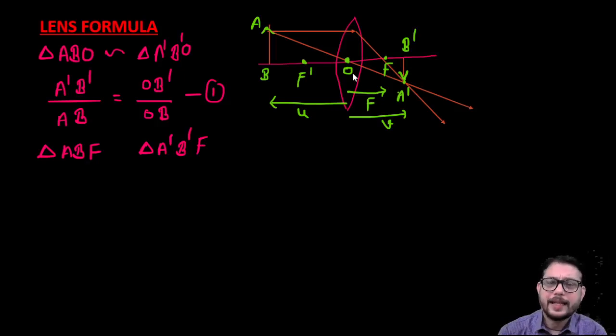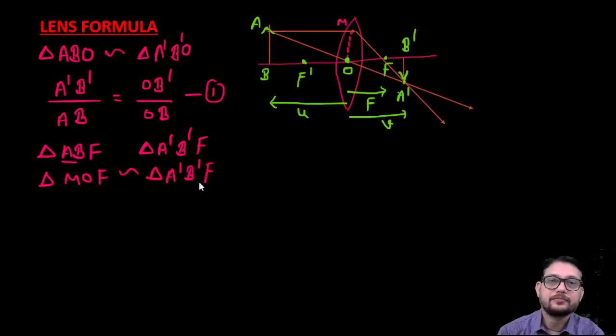So for that we assume here a virtual object like this way and name it MO. This is your virtual object, so that we do not cross the lens. It means in place of AB, we can take the virtual object that is MO. So triangle MOF will now be similar to triangle A dash B dash F. I hope that this step is clear to all of you.